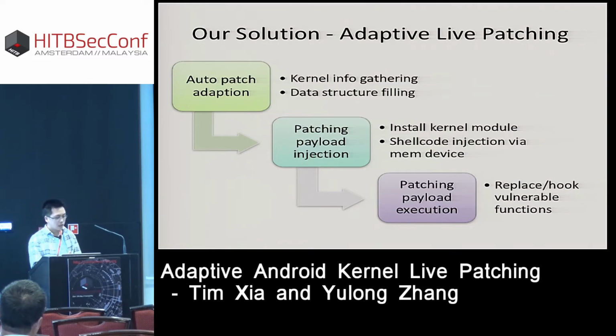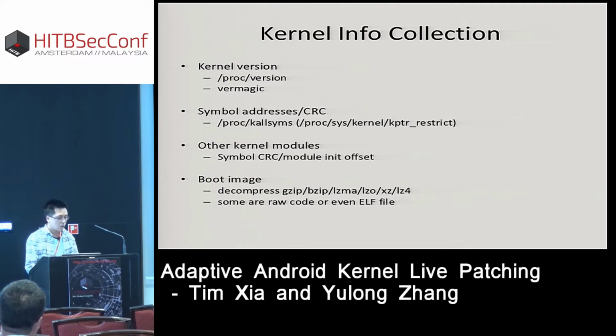Currently, we're using a kernel module and shellcode to do the patching. The third step is to replace the vulnerable functions or hook the vulnerable function, so we can fix the whole thing.